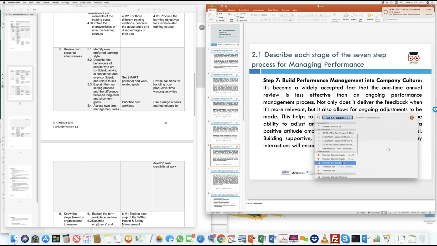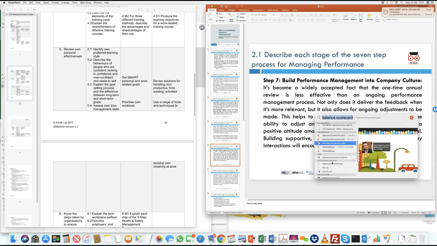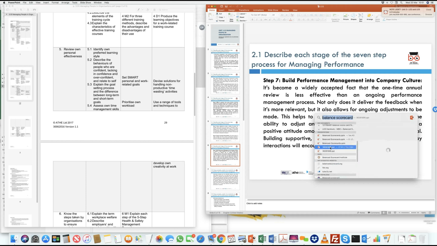These tools and techniques could be because the organization over the years has developed some sort of concept, and that concept has been used as a technical tool to evaluate the performance of the employee.